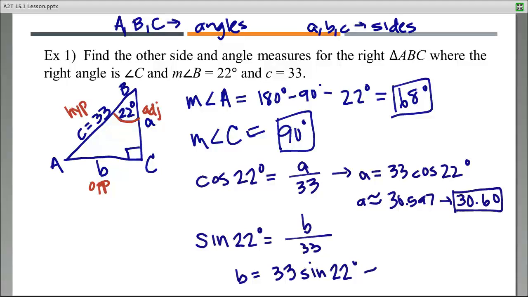And you put that in your calculator. 33 times sine of 22, and you should get 12.362, which would round to just 12.36.